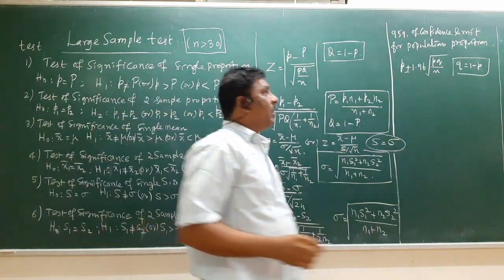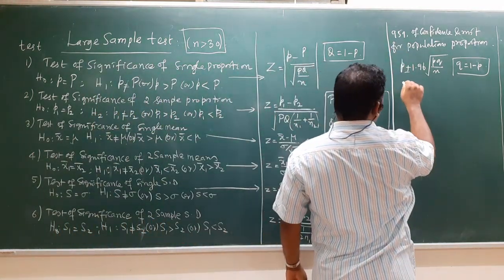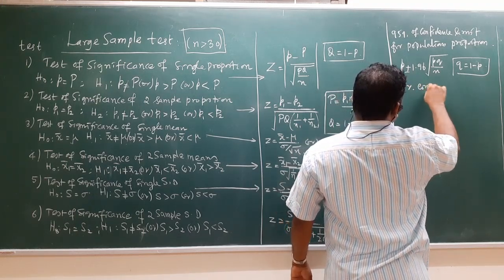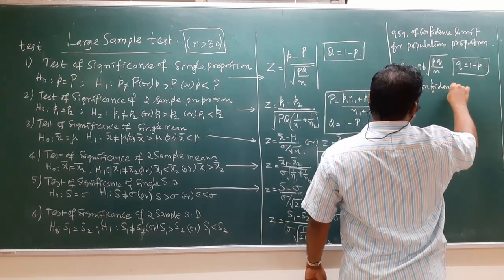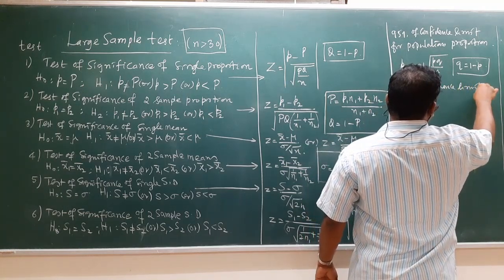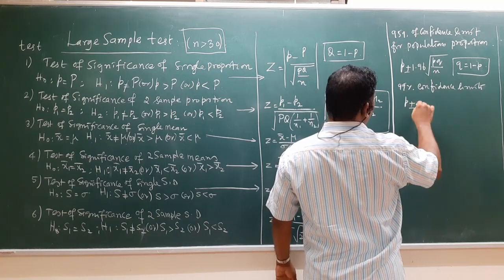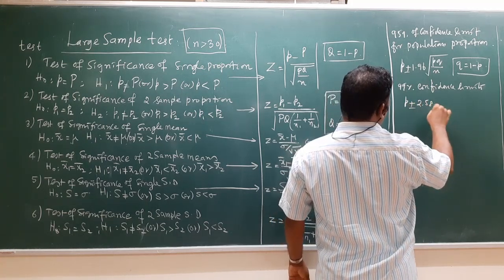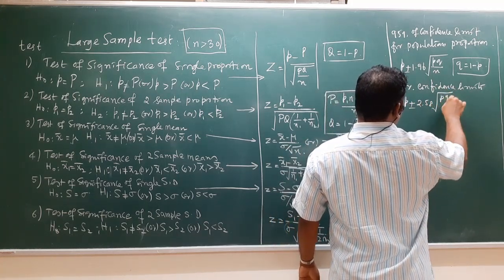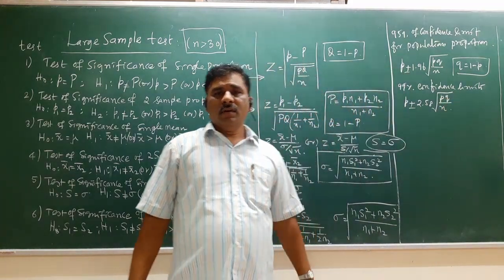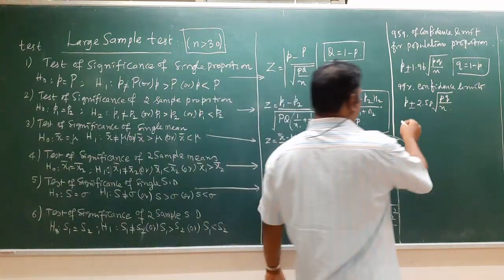Second one, 99% confidence limits for the population proportion is small p plus or minus 2.58 square root of pq by n. This is the first one.